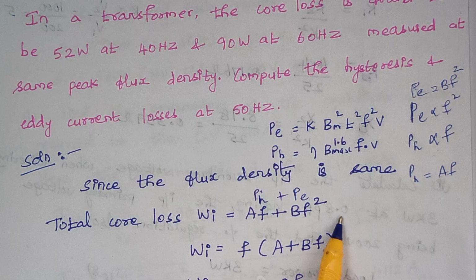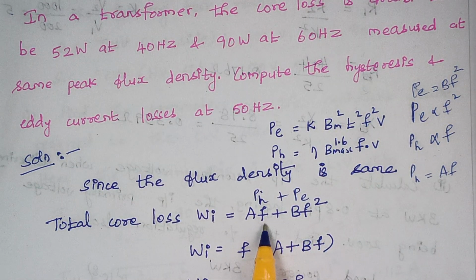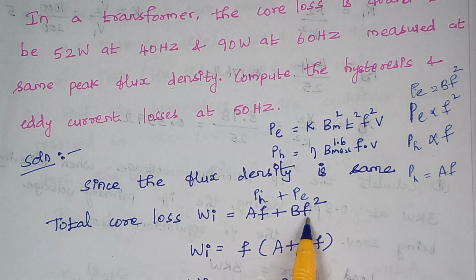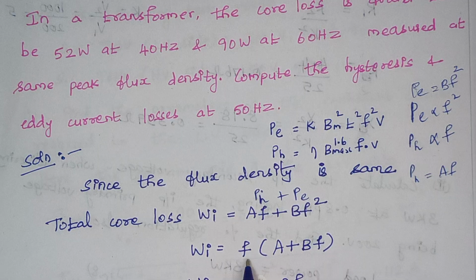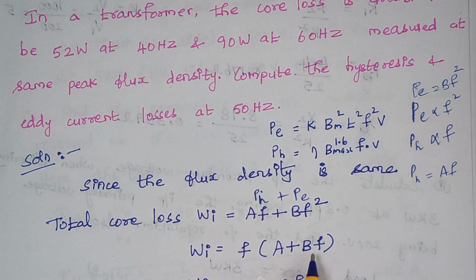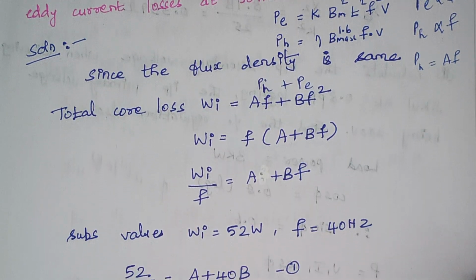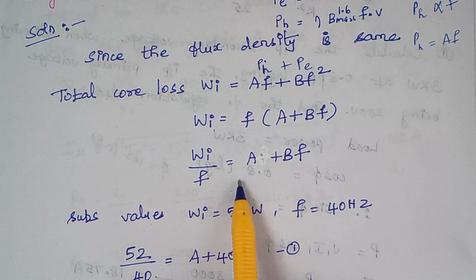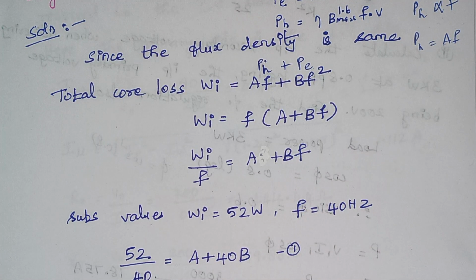Just substitute the values: A F plus B F square. F is common, present in both places, so take F outside and finally we have A plus B F. When you move this F to the left hand side, it becomes W by F equals A plus B F.